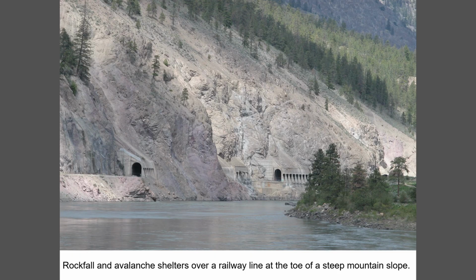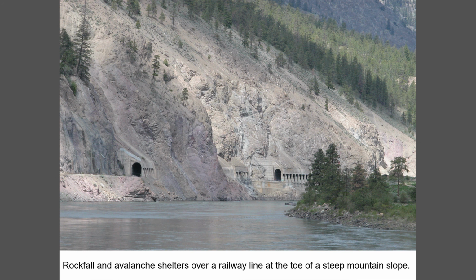And the final slide is one you see quite often in mountainous territory, and particularly this is in British Columbia, on a rail line through the Rockies, where you can see a couple of tunnels, you might call them.